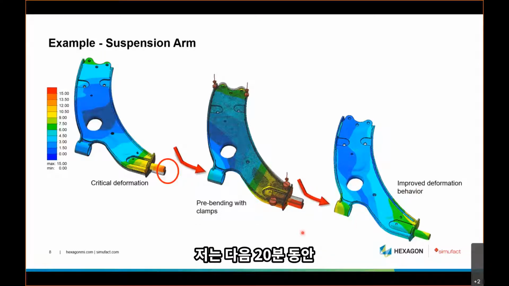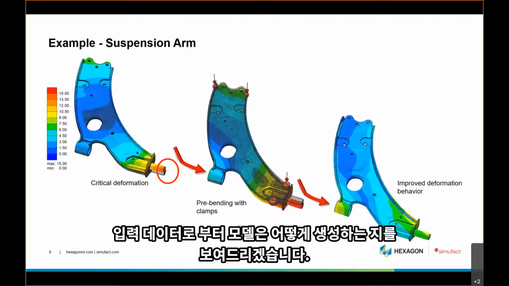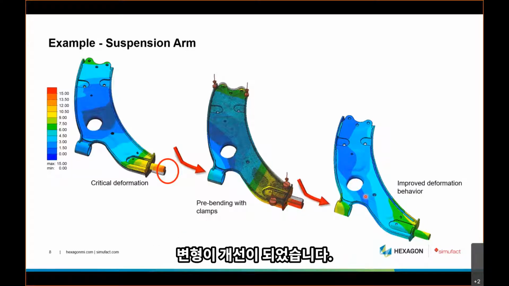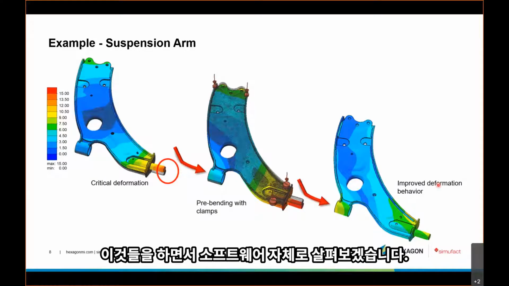And I want to show you in the next few minutes, let's say 20 minutes, how to set up this kind of model to get from the input data, which is basically meshed CAD data, to this sort of improved deformation. And to do this, we go into the software itself.